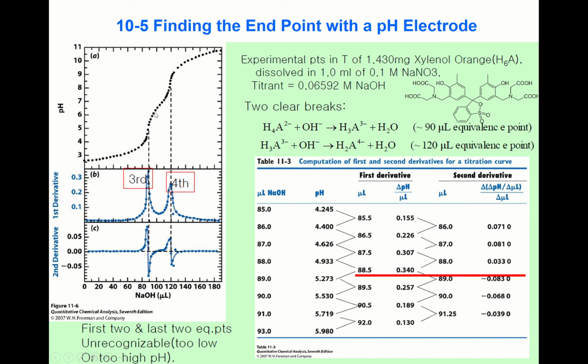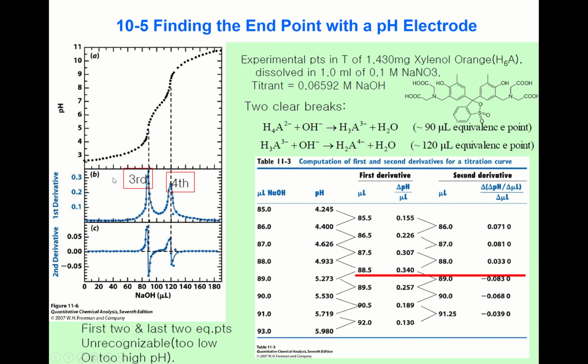And then another sudden increase, and then no special thing here. Your textbook says this is the third equivalence point, and this is the fourth equivalence point. Why? Where are the first and the second equivalence points?